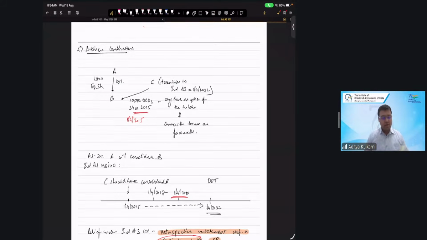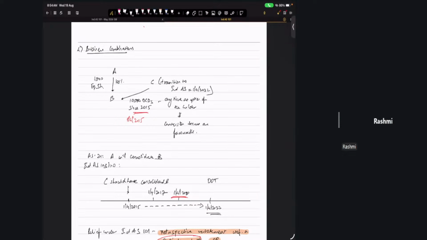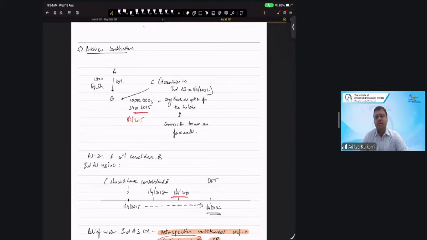Let us understand with the help of an example. A Limited holds 1000 equity shares in B Limited, that is 100% holding. Now, C is also holding 10,000 optionally convertible debentures since 2015.